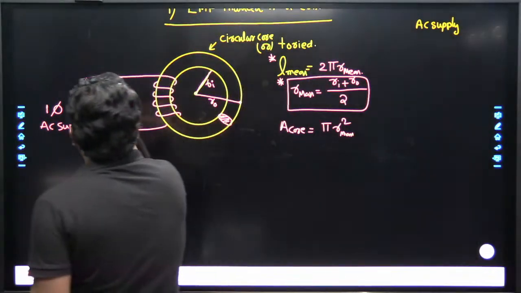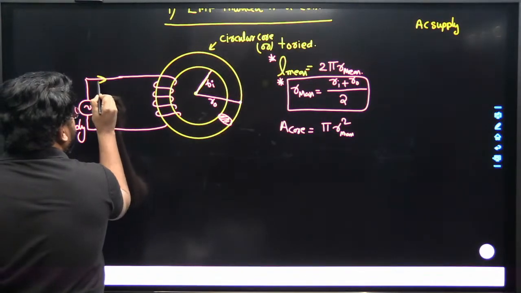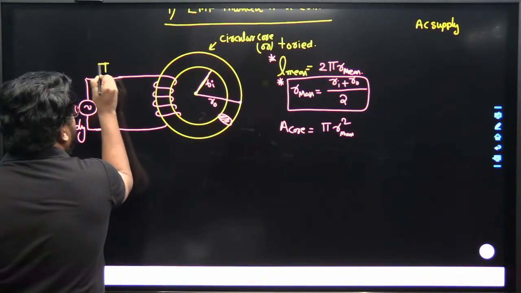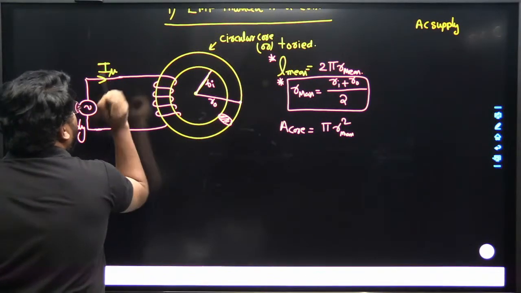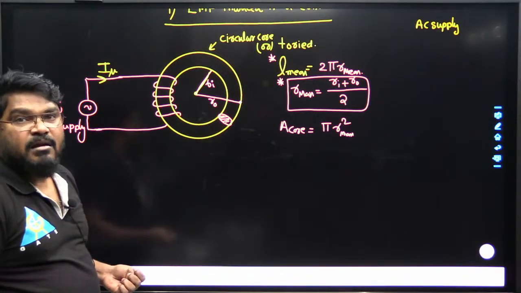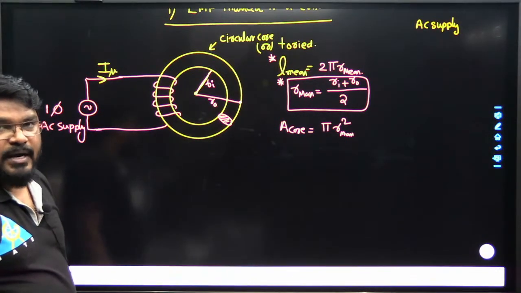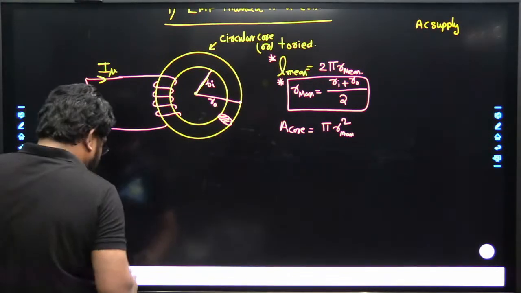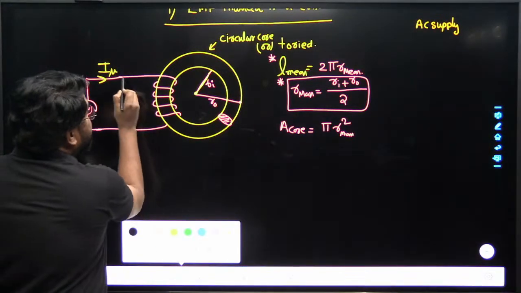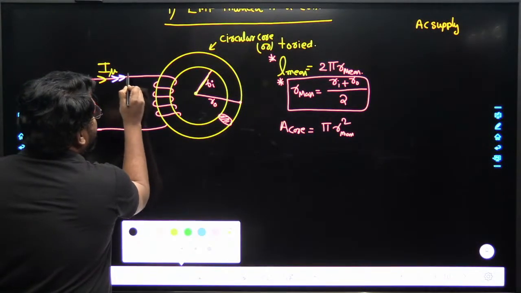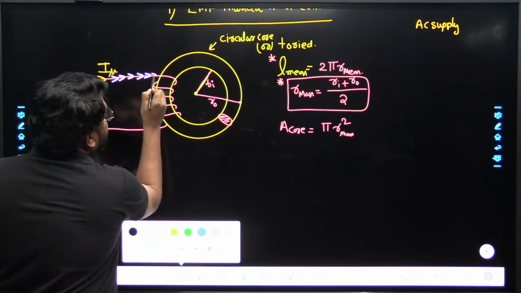The time varying current passes through the coil. That current is the magnetizing component of the current. What about the direction of this current? The current passes through the coil like so.